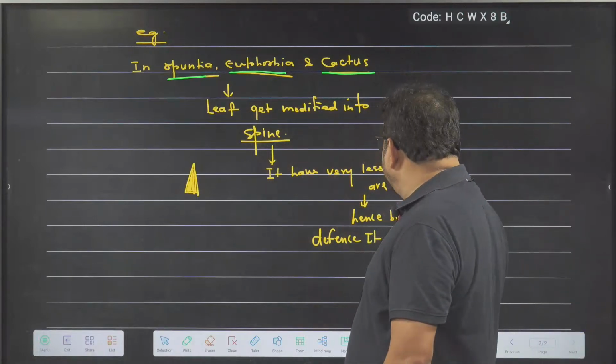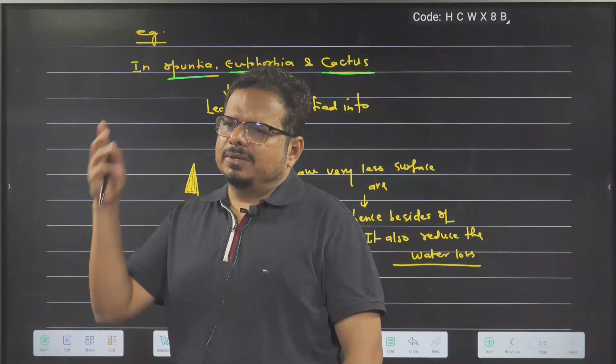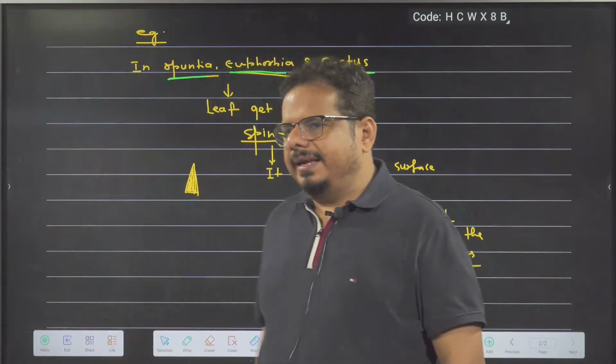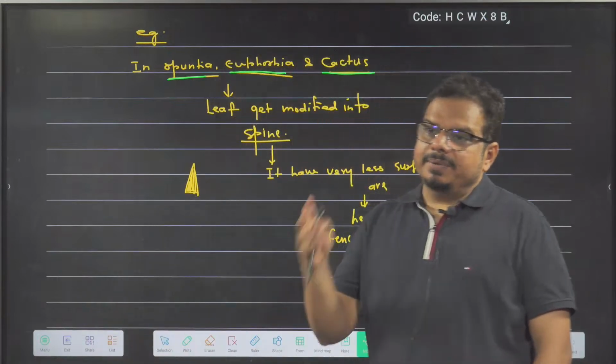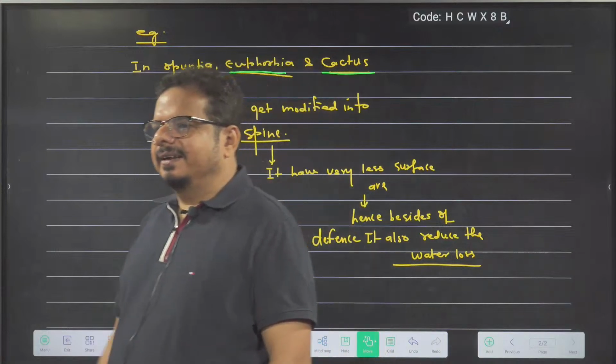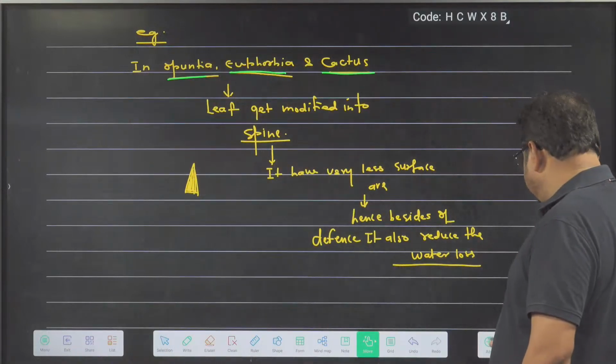And this spine serves a dual purpose. One purpose is reducing the loss of water, another purpose is defense. In the NCERT textbook, they emphasize more on defense. Got the idea? Is it clear? Right? Done. Second modification is also over.